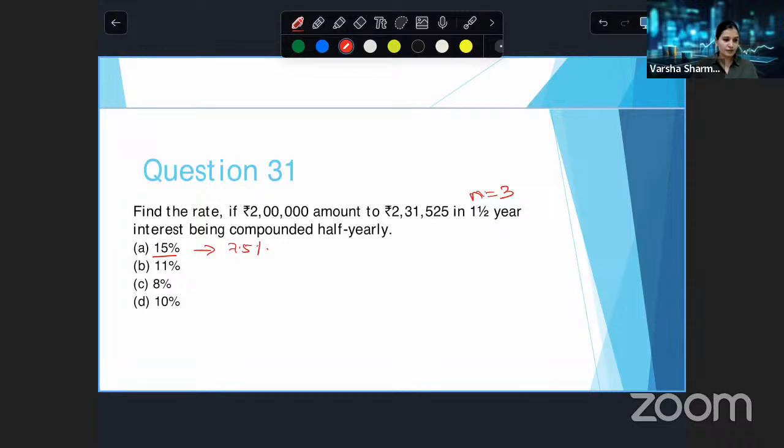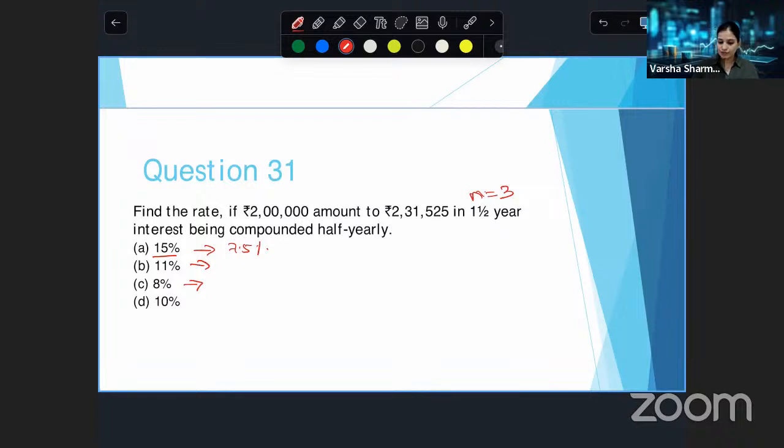No. First answer is wrong. 11%, 5.5. 234848. No. 8%, 4. 224,972.8.